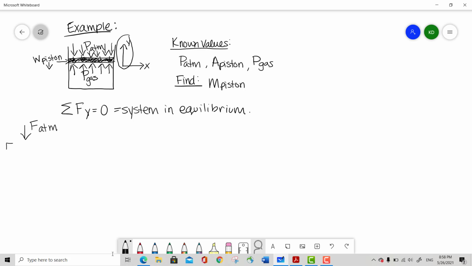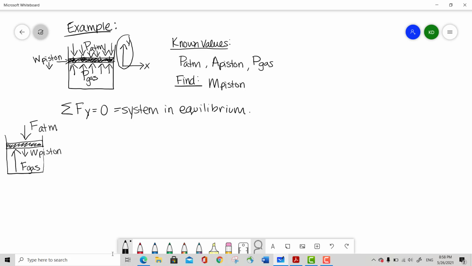And then you've got this piston right here, and that's the weight of the piston. It's going down. And then within this, you've got the force of the gas.